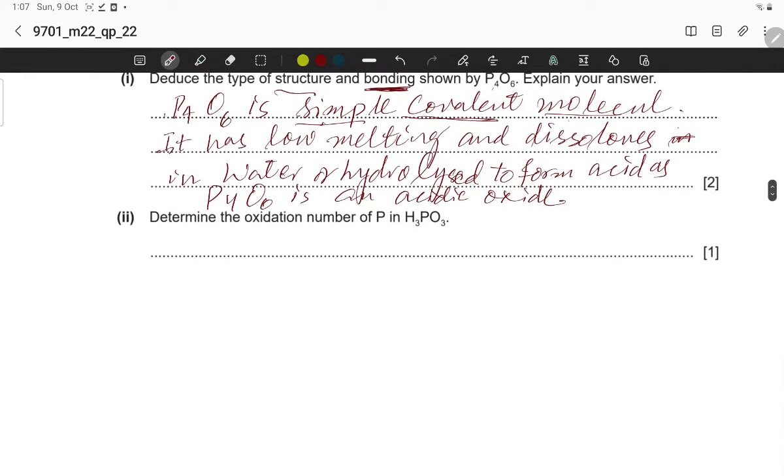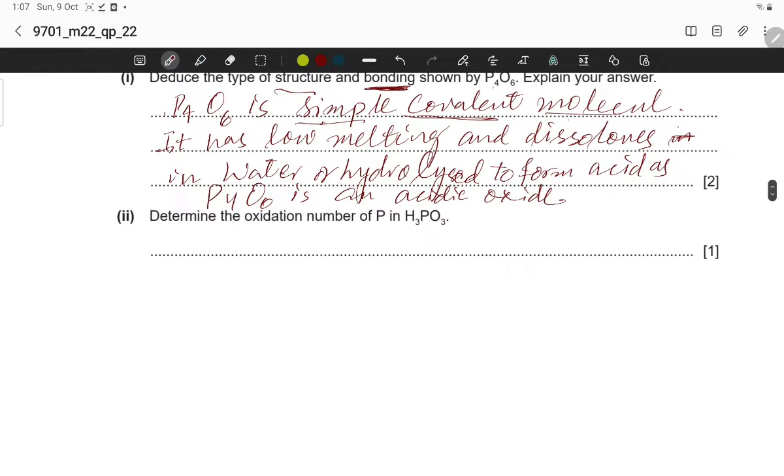Determine the oxidation number of P in H3PO3. This is how to find the oxidation number. H3PO3 is equal to 0, with H as plus 1 and O as minus 2.